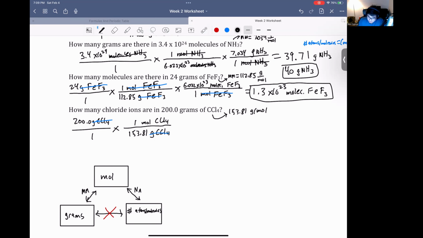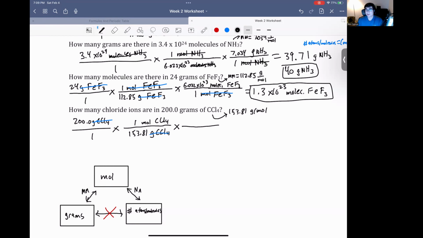Now, next, we're going to go from moles to number of molecules. This is where things can differ. Sometimes you'll learn to change moles of carbon tetrachloride to moles of chloride. I'm going to do it a different way because I think it makes more sense conceptually to many people.